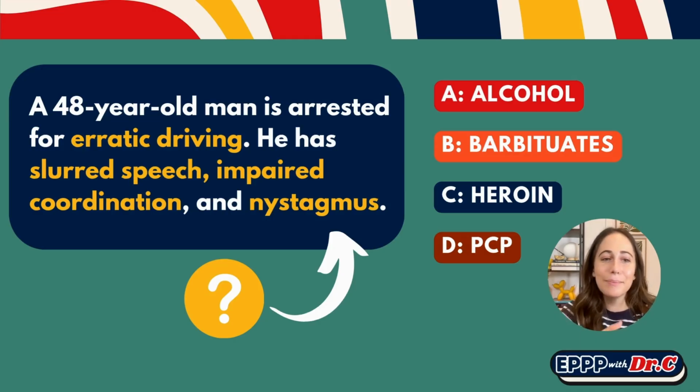PCP, again, I may be erratic driving, but the slurred speech, I'm starting to think more so along the lines of some type of alcohol withdrawal. But what's tricky is this answer also has barbiturates, and barbiturates maybe could include a bunch of these symptoms. The kicker, though, is nystagmus, and I Googled this.